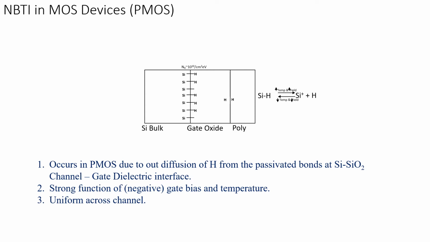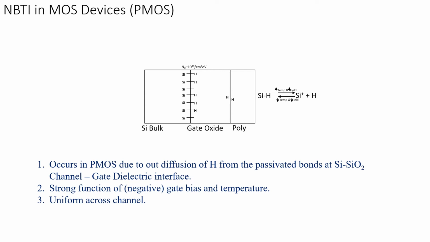Again, another hydrogen species can diffuse. So with increasing temperature and field, this can happen. The bond can break down and this hydrogen species can diffuse towards the gate. And what will we be left with? Si plus, because now you have an absence of an electron in the covalent bonding, and a hydrogen species, which I am representing here.